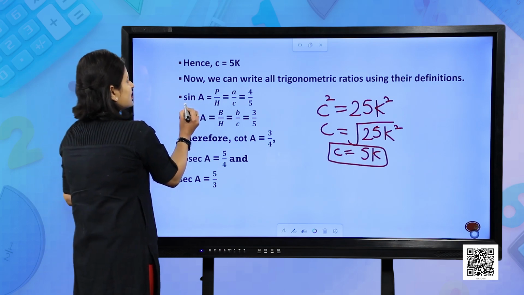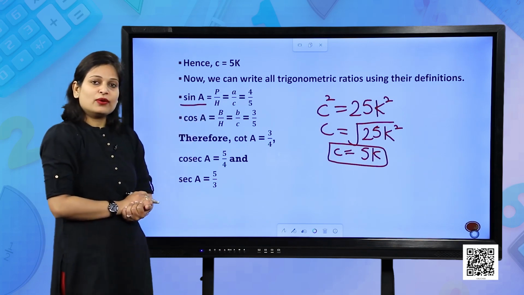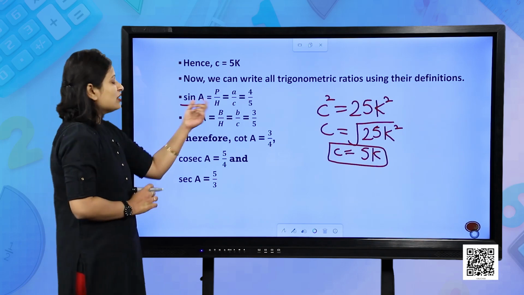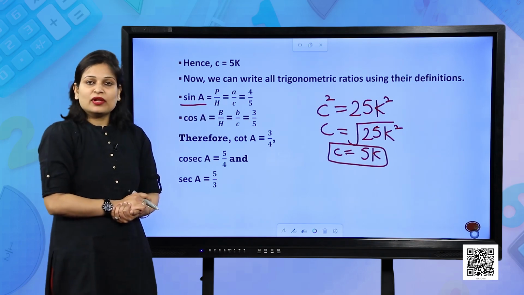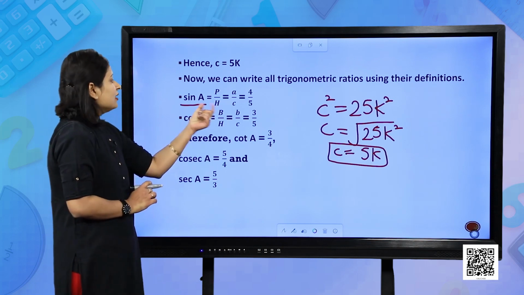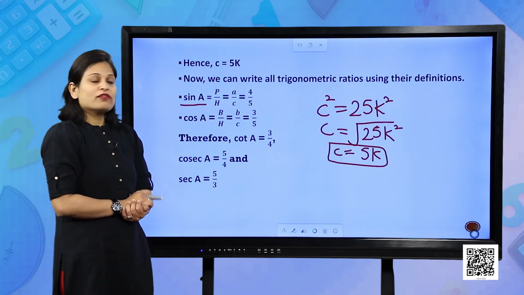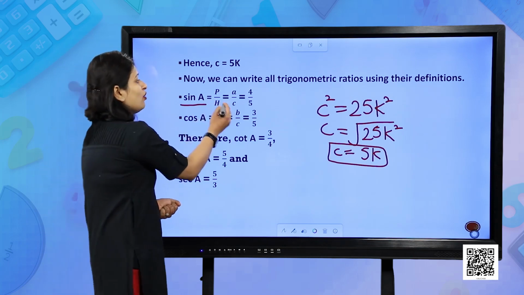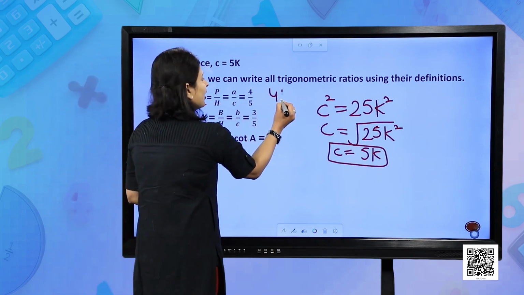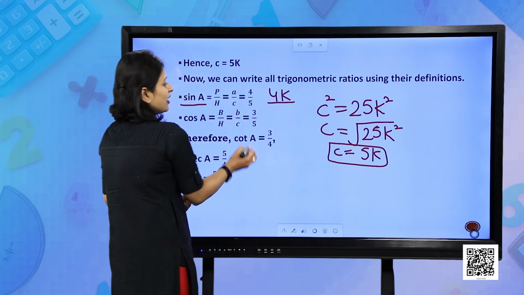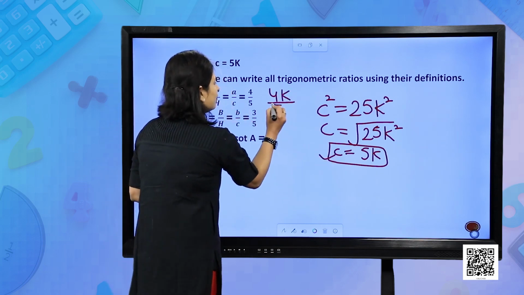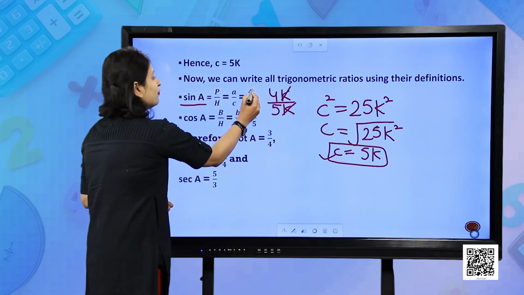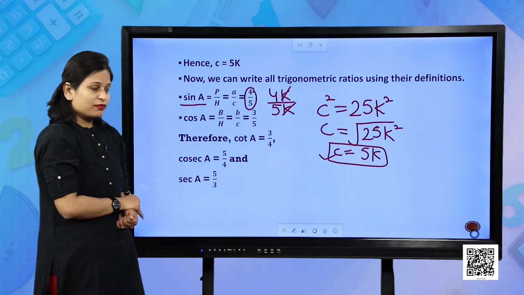As you know, sine A is what? Perpendicular upon hypotenuse. Here I have taken the length of the perpendicular as A and the length of the hypotenuse as C. We have the value of A as 4K and we got the value of C as 5K. So you will cancel out K over here, you will get 4 upon 5.